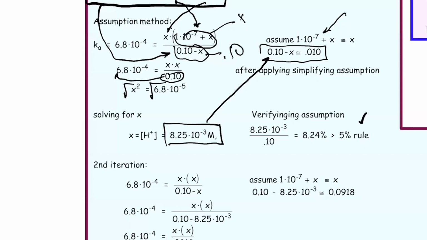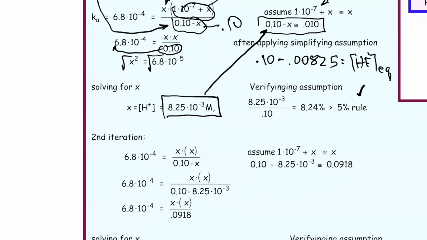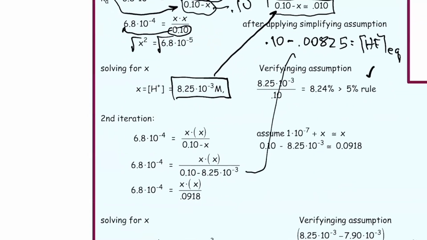Actually calculate 0.10 minus 0.00825, and that will be your HF equilibrium concentration. And then use that right here so that you can get a better value of X. That's how you do a second iteration.